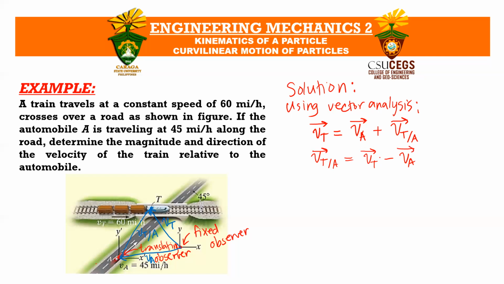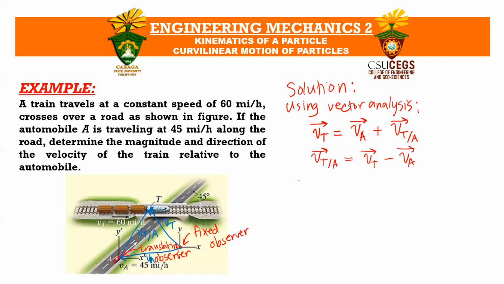Before we determine the magnitude and direction, we make sure that the given values must be in vector form.